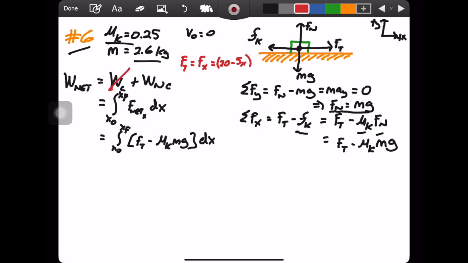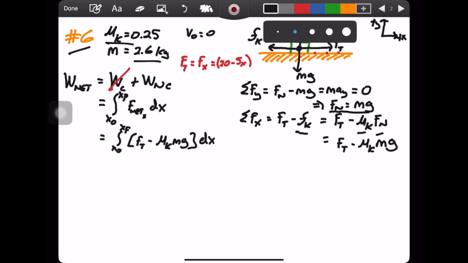Do you see how at different locations, this is an x location, this is an x location, this is an x location? At different x locations, that force is going to have a different value. It's not a constant. So we need to integrate this, and we need to keep it in the integral. We can take constants outside of integrals, but we have variables here that are changing as a function of x, and so we have to keep that in the integral.